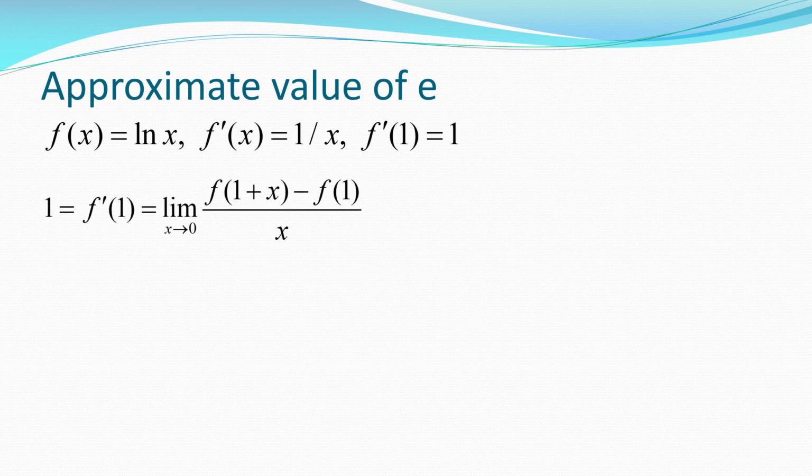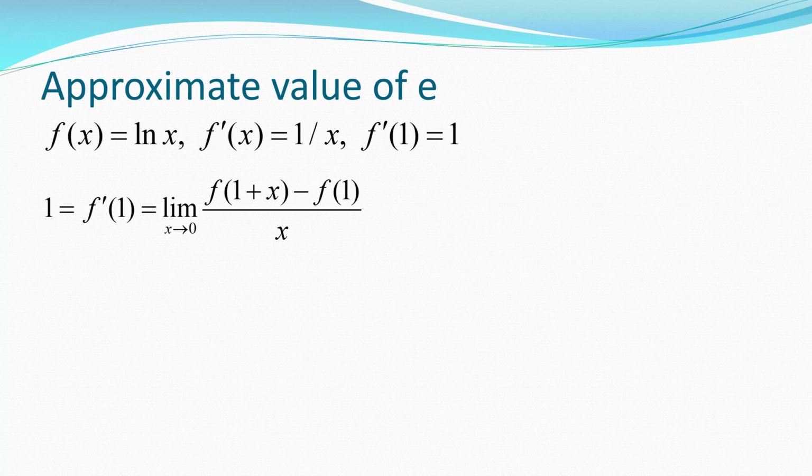So that means then that 1 is the derivative of f at 1, but we know how to find the derivative of a function. It's the limit of a difference in function values over a difference in the corresponding x values, inputs, as the difference in the inputs goes to 0. That involves this particular limit. So this limit then has to equal 1.